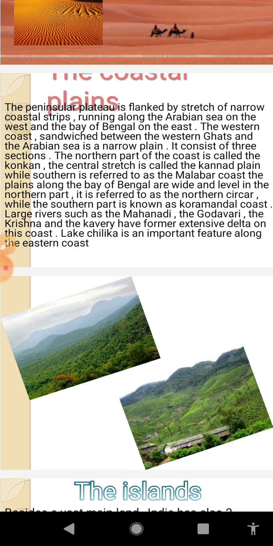The southern part is known as the Malabar Coast, and this part lies in the state of Kerala, from Kerala to Kanyakumari.